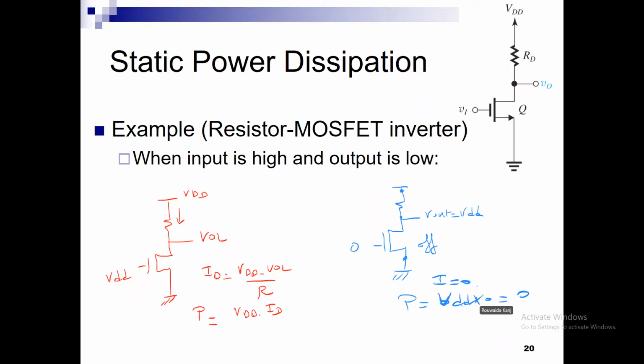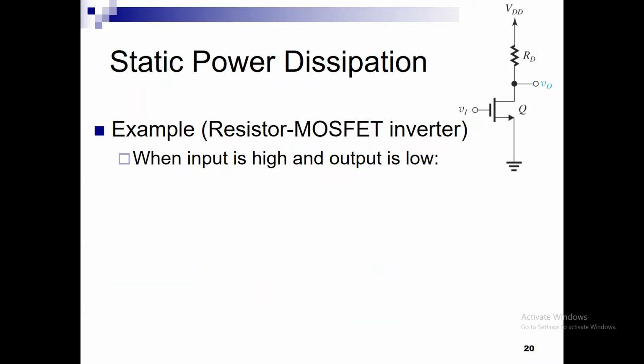So I have two states. If my input is high, my power will be VDD times ID, which is equal to VDD times VDD minus VOL over R. And if my input is 0, my power will be 0. So in half of my states, if I live 50% input high, 50% input low, then my power is going to be the average of those two powers.